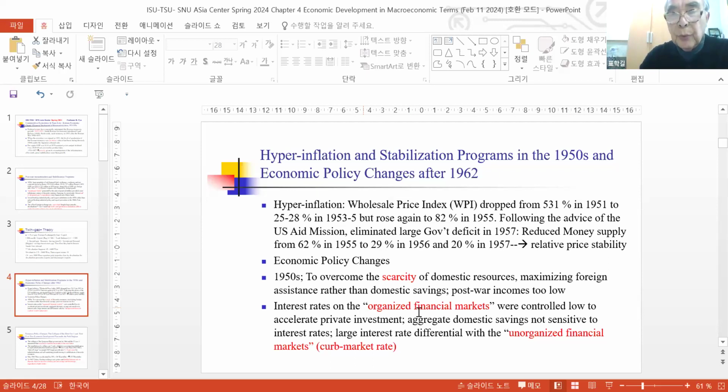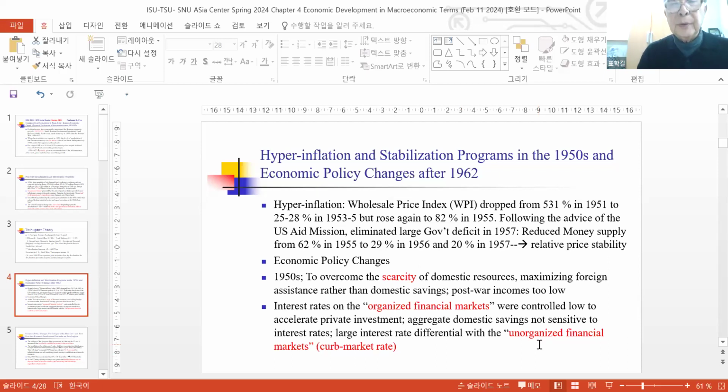Interest rates on the organized financial markets were controlled low. Here are two keywords you need to pay attention to. Organized financial market means the regular bank financial market. So official bank financing we call organized financial market. Unorganized financial markets we call curb market, or you can say black market.